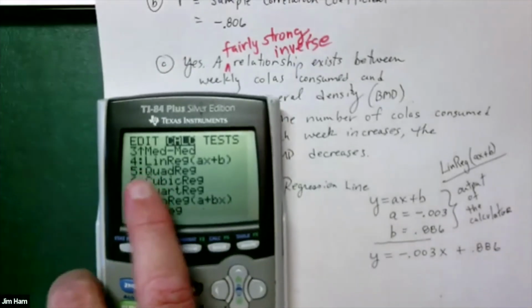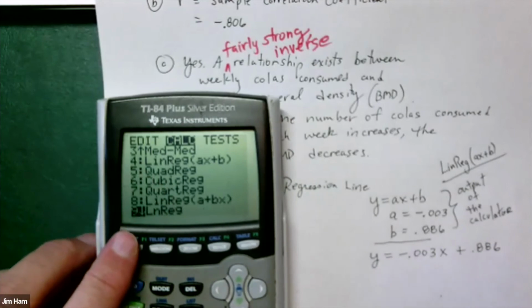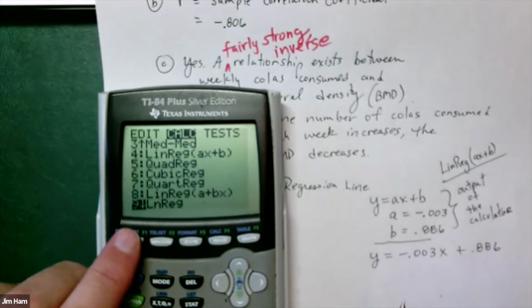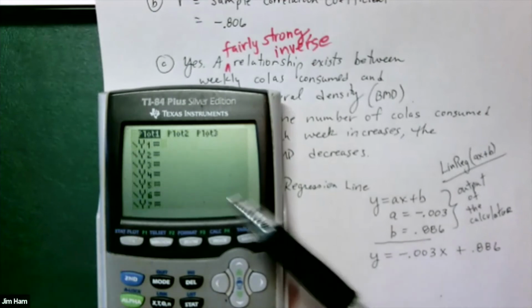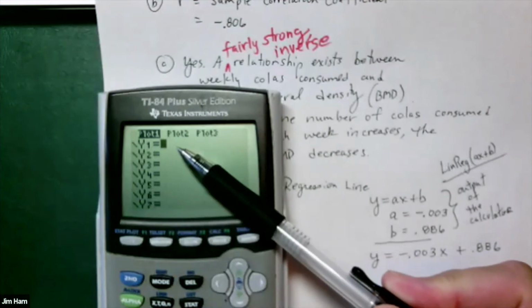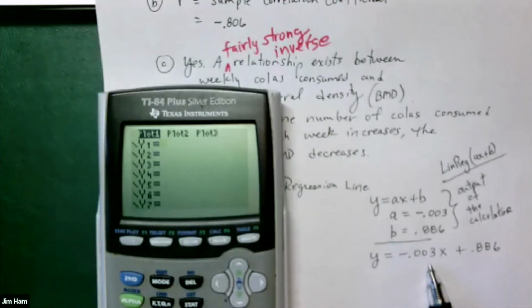All right, now, while we have the line, I'm going to graph it along with that scatter plot. So to do that, if you go to the y equals, you can enter in that equation right here. I'm going to enter in the equation, negative 0.003x plus 0.886.